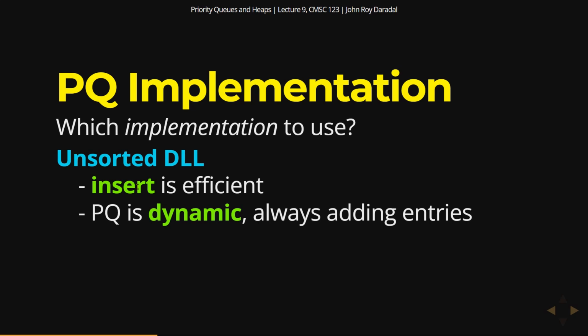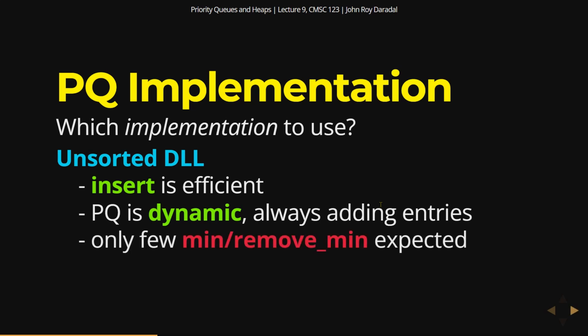Since you're always just adding at the back, this one is good to use. You also use this when you expect only a few min and remove min operations, since they are the slow ones. So if you're expecting only a few min or remove min operations, then unsorted DLL is appropriate.